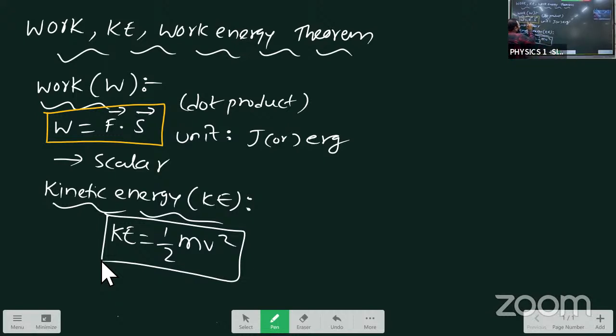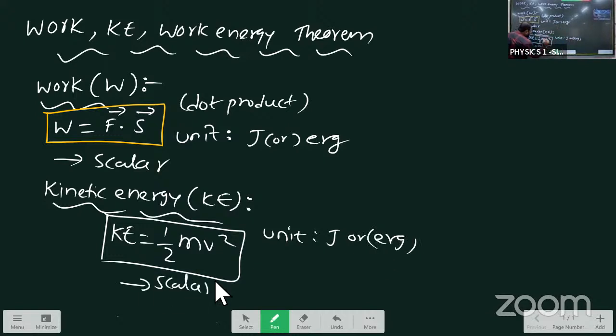One is work, the dot product of force and displacement. Second one, kinetic energy. Kinetic energy means half mv square. Unit again joules or erg. This one is also a scalar quantity. Define work, over. Define kinetic energy, over. Next, work energy theorem.